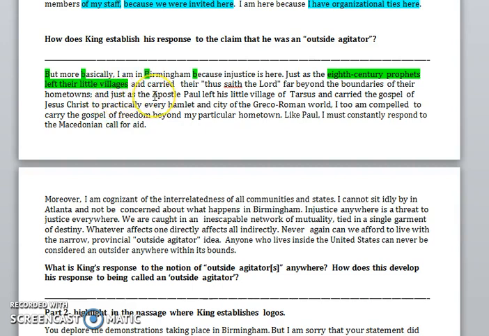And just as the Apostle Paul left his little village of Tarsus, okay, and carried the gospel of Jesus Christ, I mean, he's bringing in the big guns here, talking about Jesus Christ, to practically every hamlet of the Roman world.